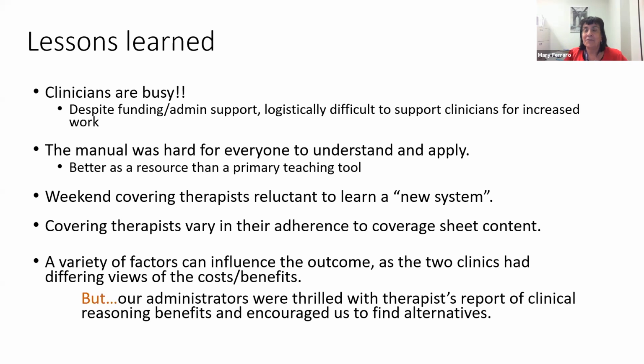The other confound, again talking about coverage, was that sometimes the compliance of a clinician when covering a treatment session was not always directly in line with the paper. So clinicians do vary in their adherence to the coverage sheet, totally separate from the RTSS concepts. So there were several factors that really showed the complexity of documentation and how documentation guides clinical decision-making.